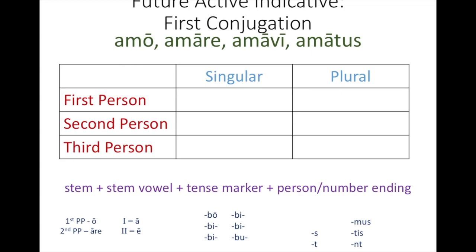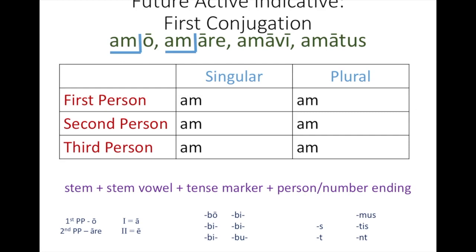So for amo, amare, and other first conjugation verbs, you start with your stem by removing your O or your ARE. So am, then you add your stem vowel. For first conjugation verbs, that will be an A. Then you add your tense marker to tell you that this verb is future.